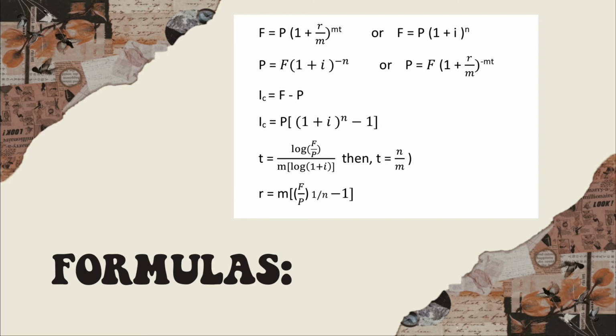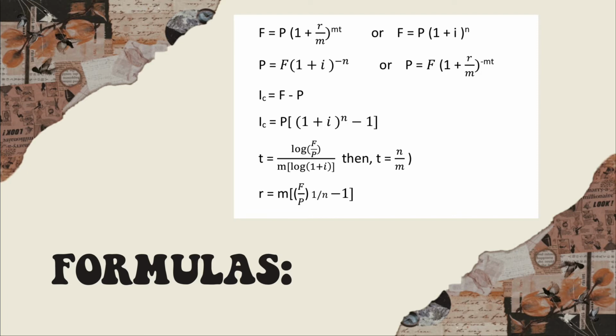For our compound interest, which is denoted by IC, IC is equal to F minus P. Another formula for compound interest is IC is equal to P open bracket open parenthesis 1 plus I close parenthesis raised to the power of N minus 1 close bracket.